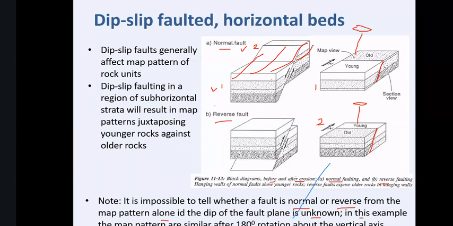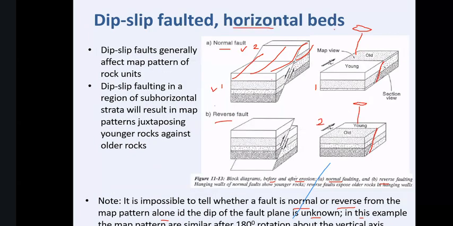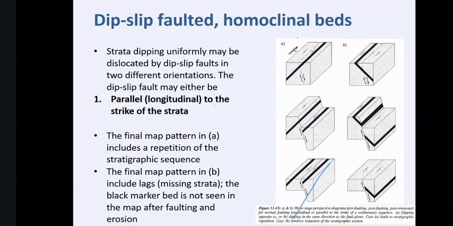I just wanted to bring this to your notice, and that was why I tried to look for this. And this is for horizontal beds. In a case where you have homoclinal beds, so beds that are not horizontal, you might have a different kind of problem.